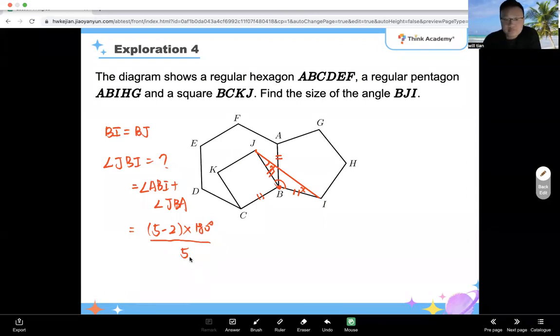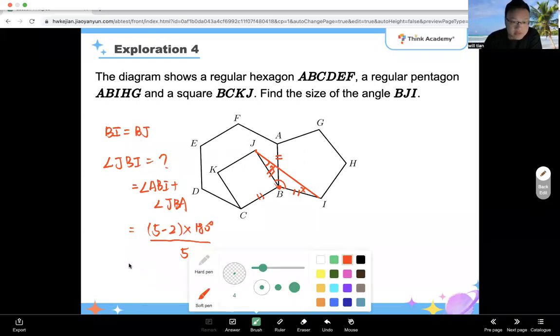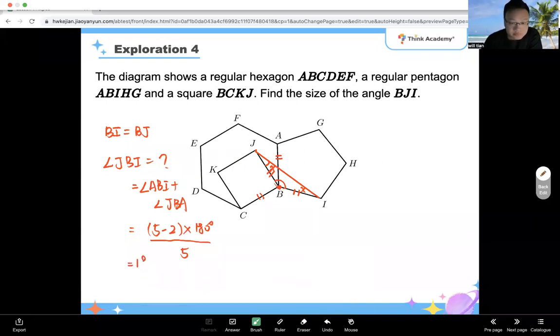So for ABI, you do 3 times 180, you get 540, divided by 5, which is 108. This is 108. But the question is, what's the size of JBA? What's the size of this smaller angle?